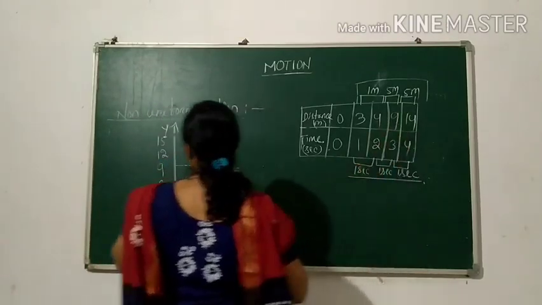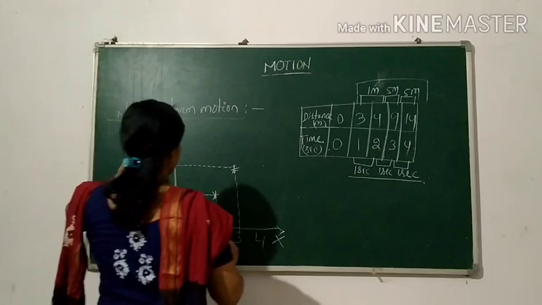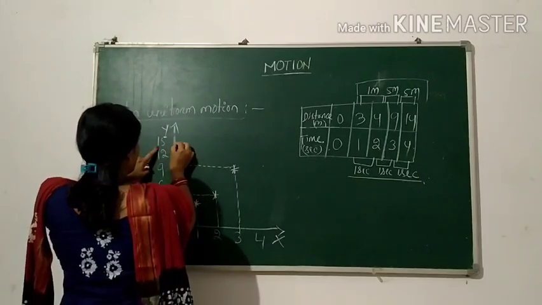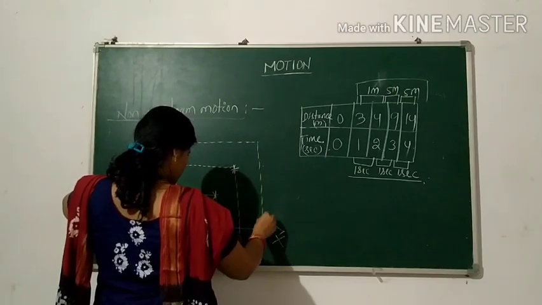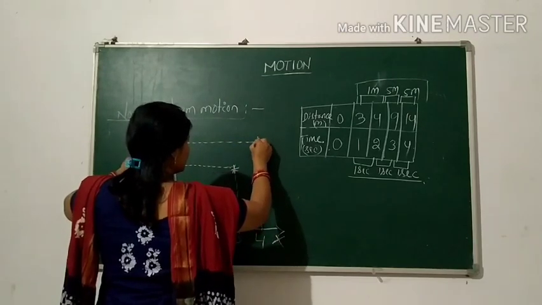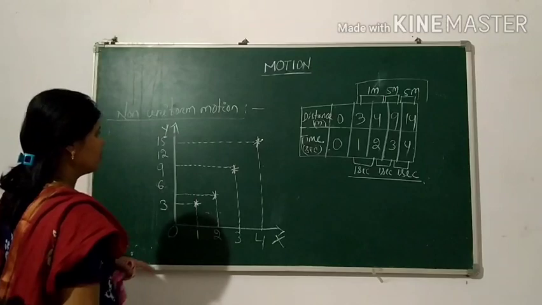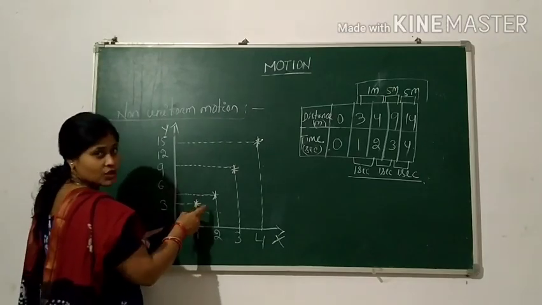Then fourth one is 4 and 14. Imagine 14 is here. So let us join all the points.